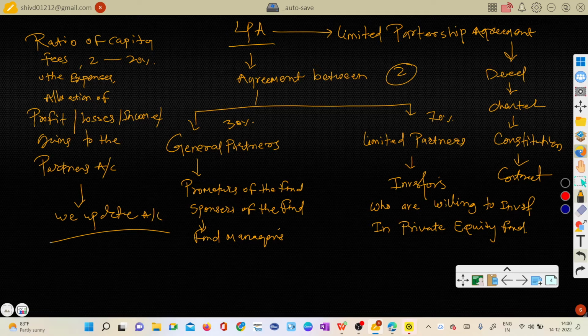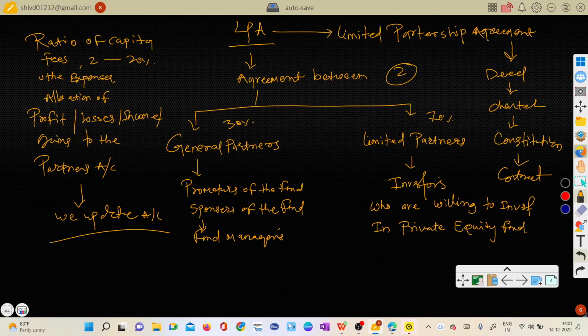The fees, the allocation of profit to the partners' capital account, the preparation of partners' statements, we all do as per the limited partnership agreement. So these two documents are very important. And how you can remember it: PPM and SPA, the agreement between private equity funds and investee company, and LPA, the limited partnership agreement between the general partners and limited partners.